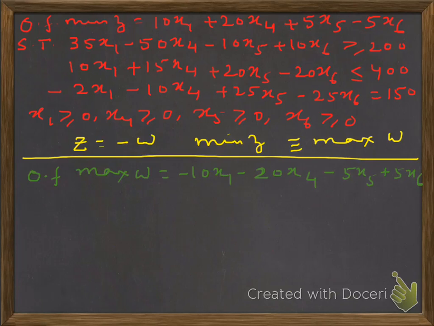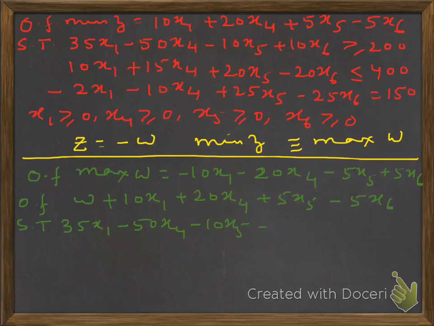If we bring the right hand side terms to the left hand side, then you get w plus 10x1 plus 20x4 plus 5x5 minus 5x6, and the constraints: 35x1 minus 50x4 minus 10x5 plus 10x6.